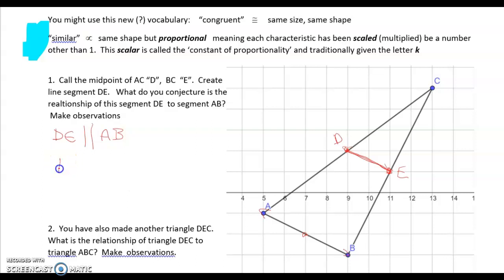And we can also see that the length of DE, and here's how we describe the length, it's like absolute value signs, the length of DE is equal to 1/2 the length of AB. So when you connect midpoints on a triangle, you're going to get the fact that it's half as long.